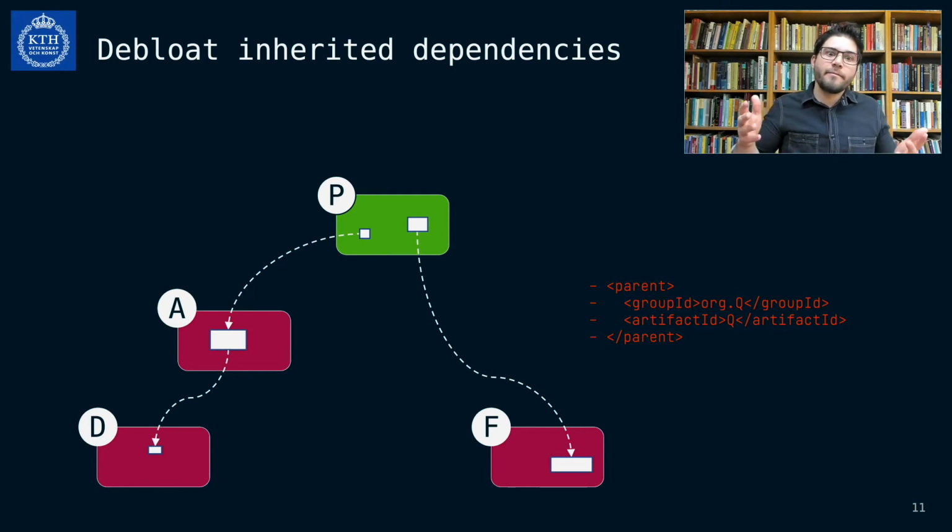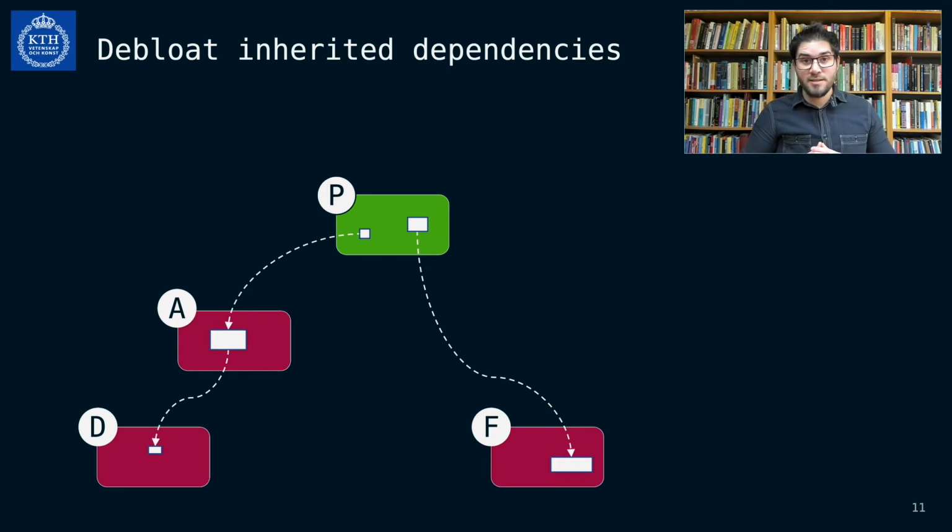I mean, it is safe to do it if the only purpose of having the parent module is to inherit dependencies. Although, as we know, there are many other reasons to have modules in Maven. But in terms of the dependency tree, this change will make it smaller.